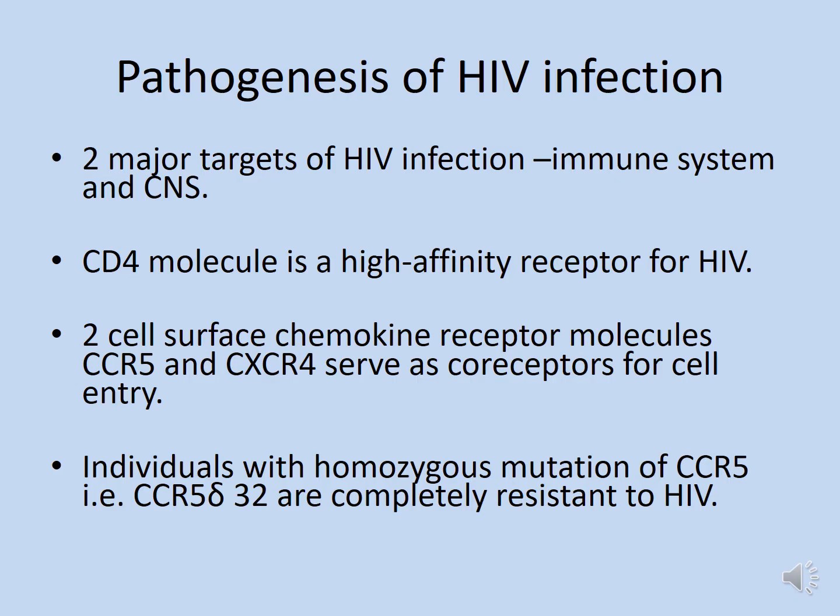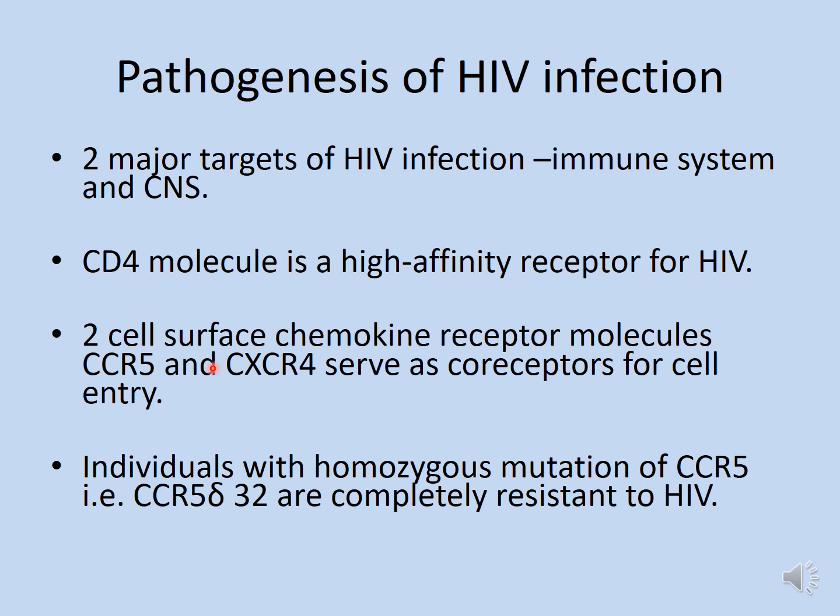Okay, so to just refresh you through the pathogenesis of HIV infection, HIV infection majorly targets two systems, that's the immune system and the CNS, right? The virus has very high affinity towards receptors of the CD4 cells, right?